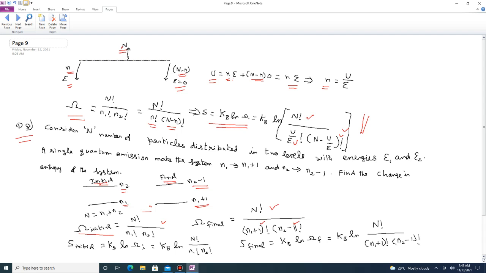So that is omega final. What is the entropy? S initial is equal to k_B times logarithm of omega initial. You substitute for omega initial and you will get this expression. And S final is k_B times logarithm of omega final, where omega final is equal to N factorial by n1 plus 1 factorial times n2 minus 1 factorial.